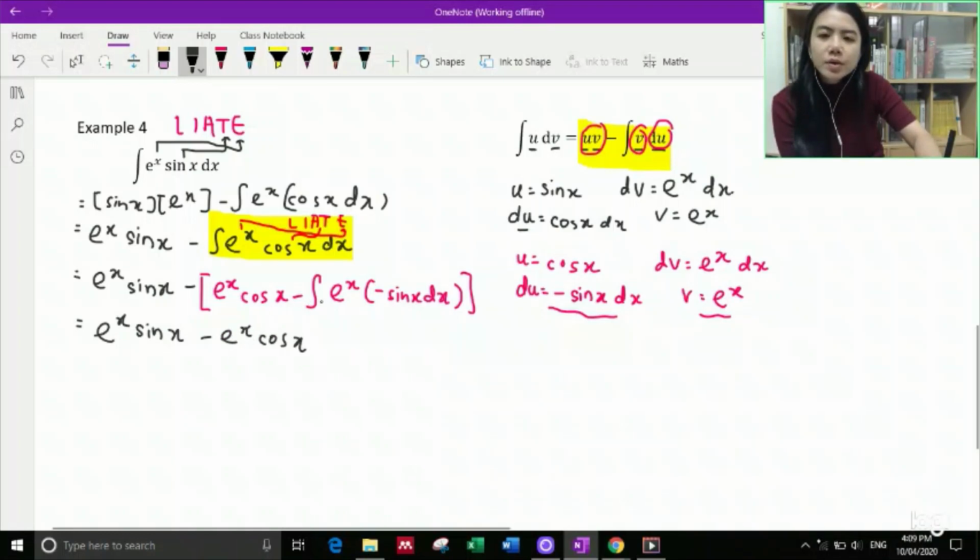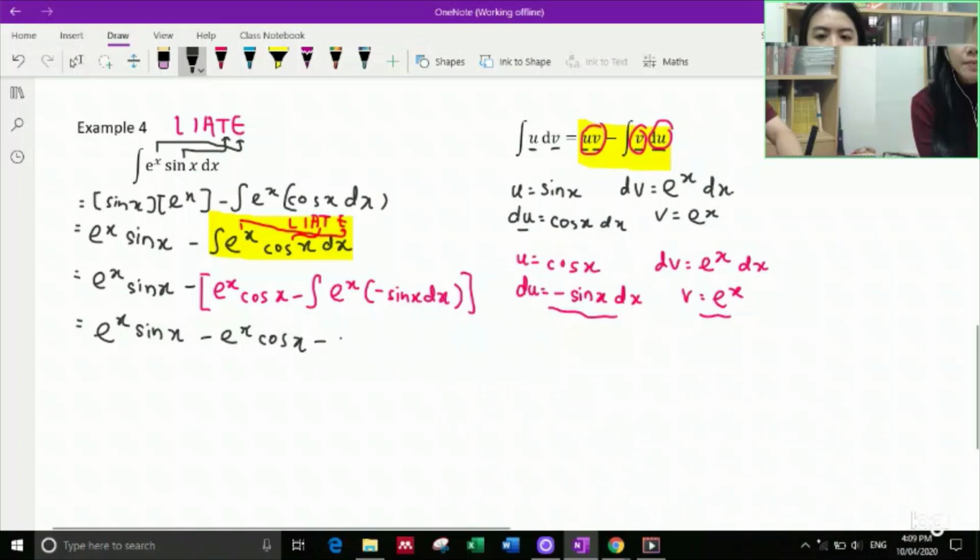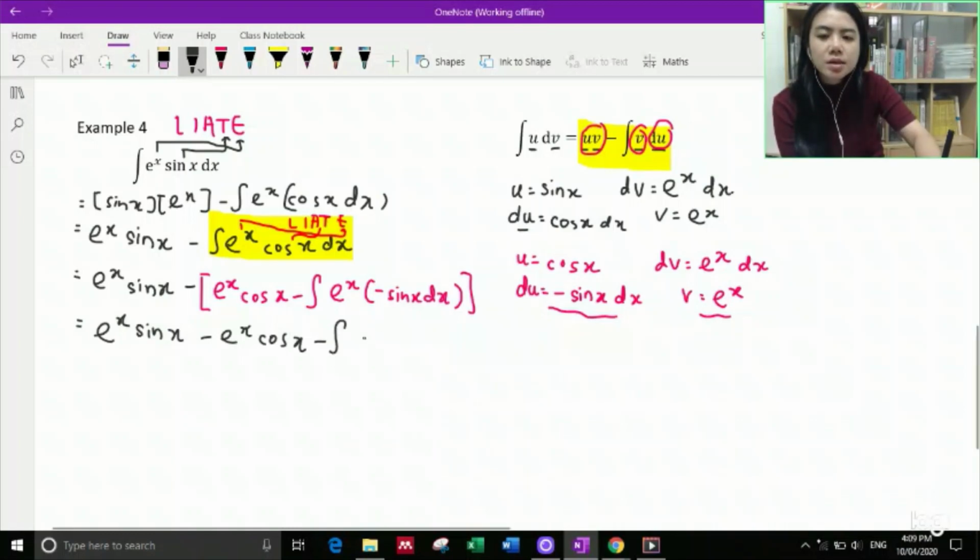What happens if we simplify this? You have a minus in front of the red bracket, and you have a minus here, and another minus here, so you have three minus signs in total, which will give you a minus. So minus e to the x sine x dx.